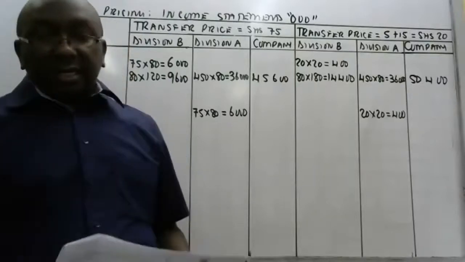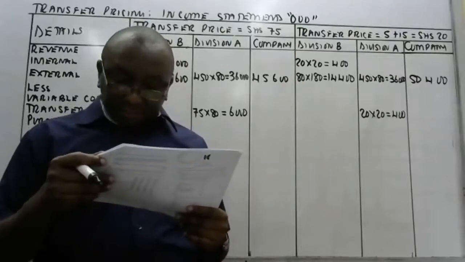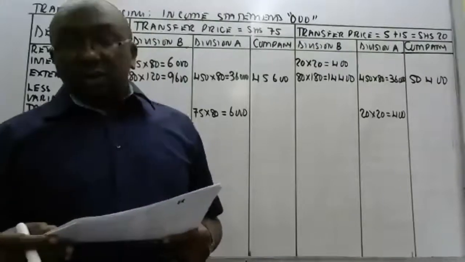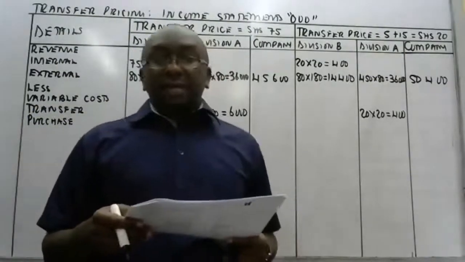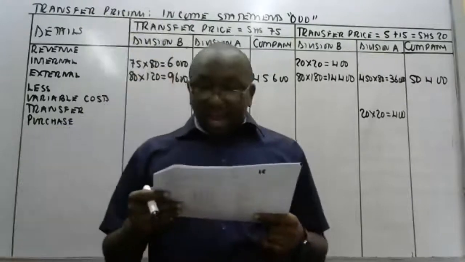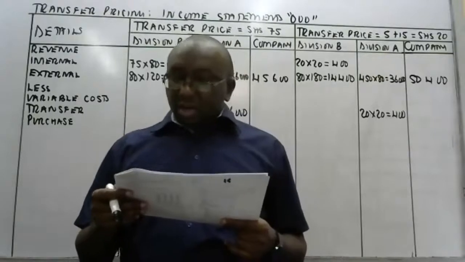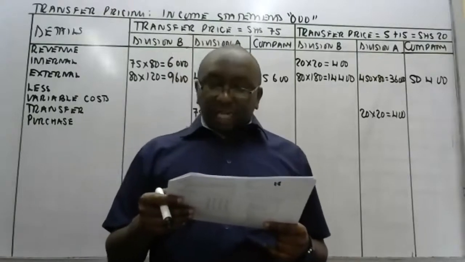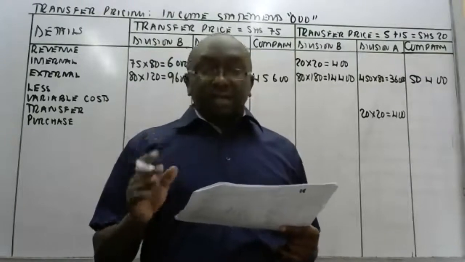Good, they buy 60. If you look at information 2, it says head office only allows A to purchase its fittings from division B, although the new manager of A believes that he could obtain fittings of the same quality and appearance for 65 shillings.